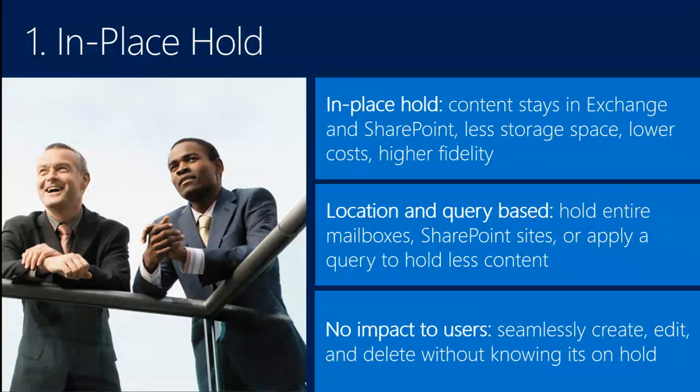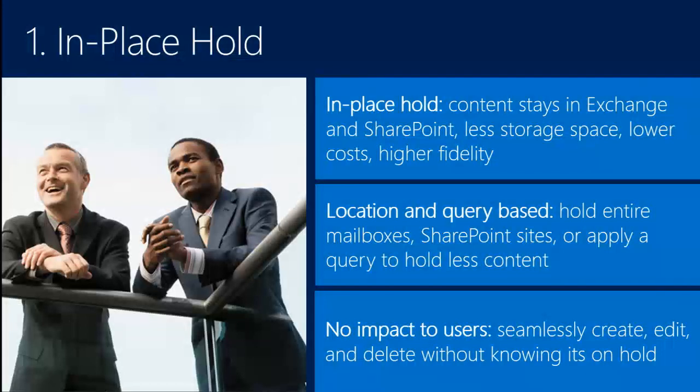Now, in-place hold is a feature that allows us to preserve content from intentional tampering or modification. And this is achieved by performing what is called a copy on write, which basically means that when a user or a process attempts to modify the content, before the modified content is saved, a copy of the original content is made and saved to a different area.